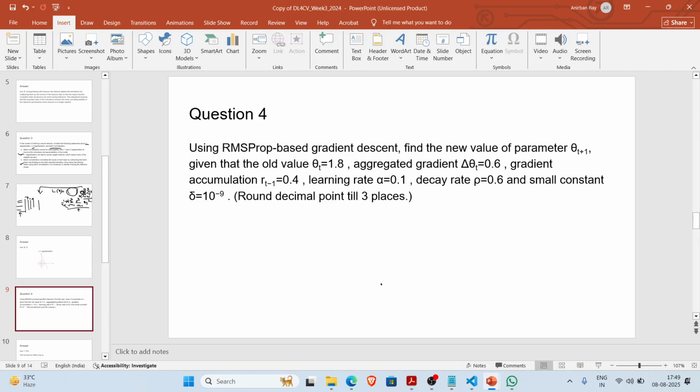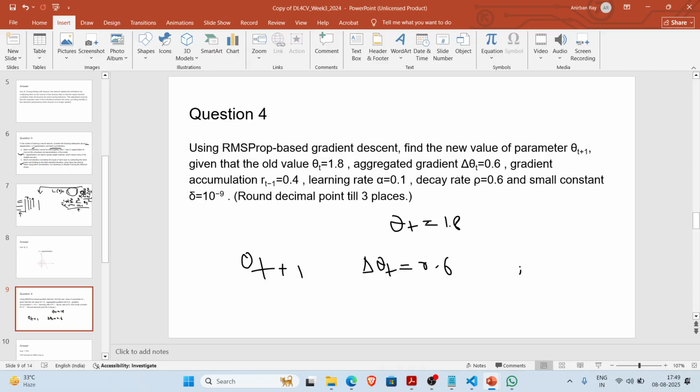Now in this problem you need to find the value of theta t plus 1. Old theta t is given as 1.8. The aggregated gradient is 0.6.